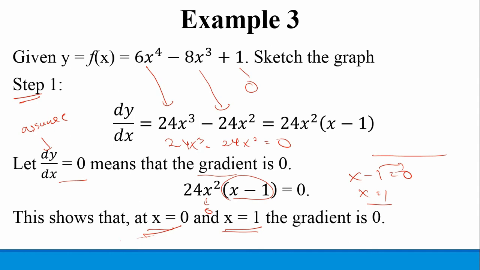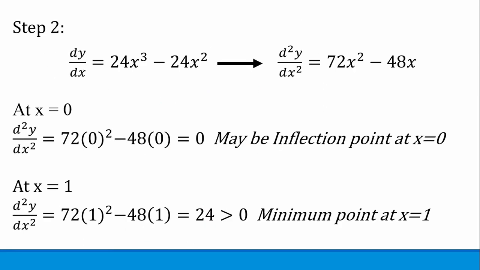Then I want to identify whether 0 and 1 are maximum or minimum points, so I do the second derivative. Step 2, differentiate 24x to the power of 3, it is 24 times 3, x to the power of 3 minus 1. Differentiate the next term, 24 times 2, move 2 to the front, x to the power of 2 minus 1. I get 72x to the power of 2 minus 48x.